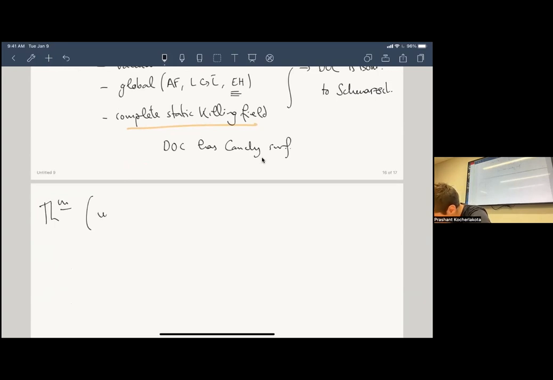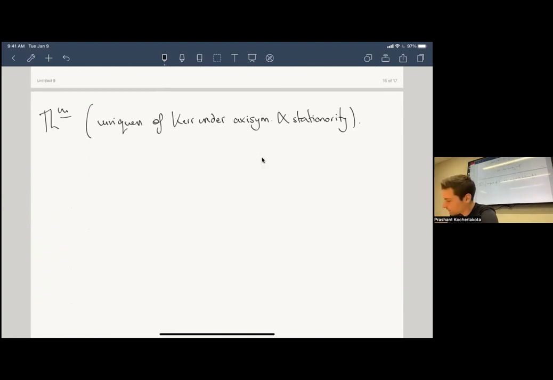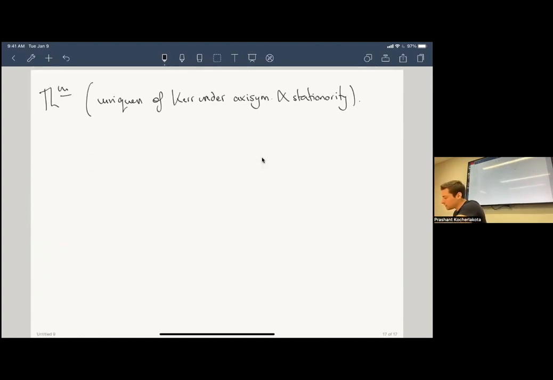This is uniqueness of Kerr under axisymmetry and stationarity. So this is the following theorem.